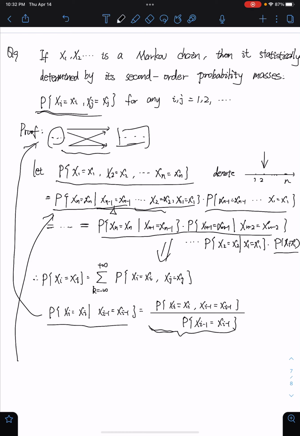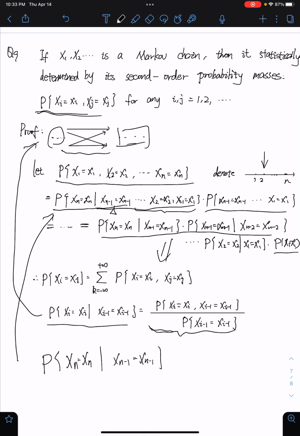The other conditions don't matter for this probability, because the Markov chain only has short memory, so we can write it as, under the condition X_{n-1} equals x_{n-1}, the probability of X_n equals x_n.